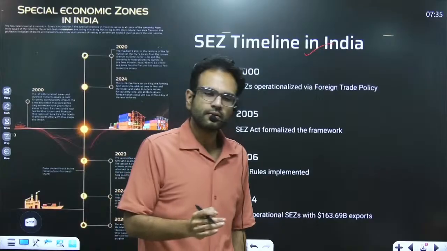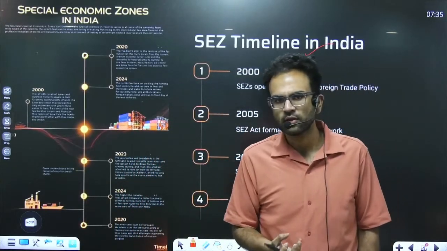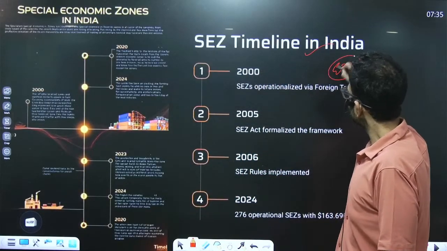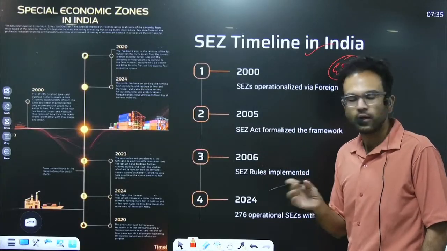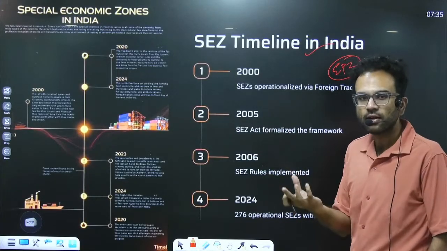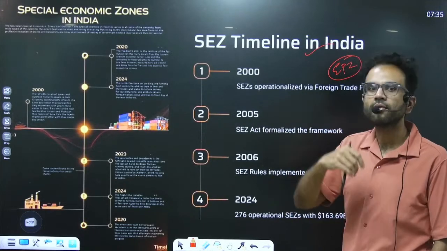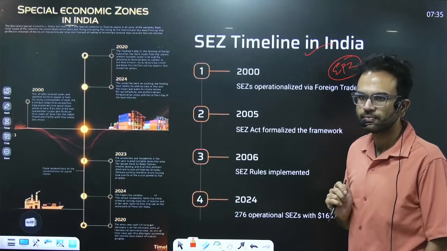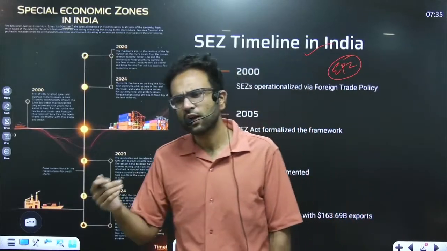So there was an idea where we have to create small clusters called export processing zones, wherein you will give a small piece of land to a set of companies or a specific sector, help them produce goods and send them out of the country for foreign exchange. This is the idea. But it did not take off because of many other factors which are not relevant right now.